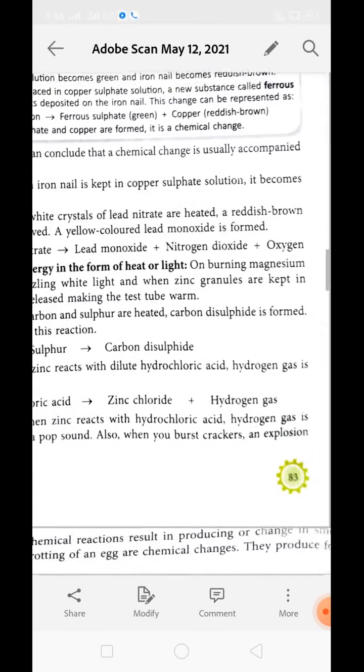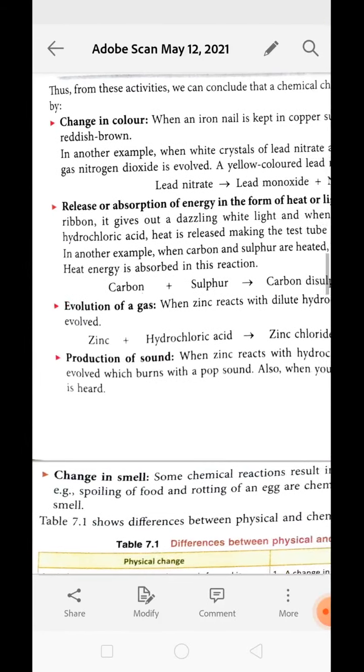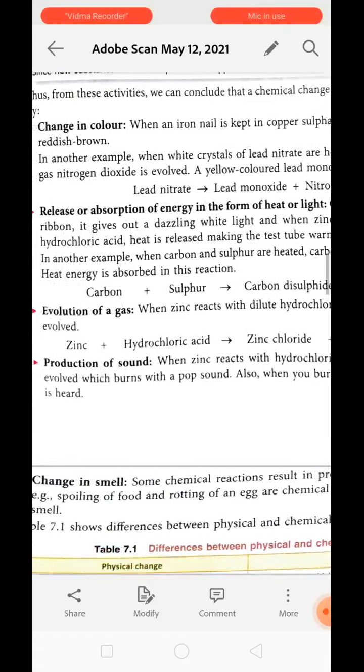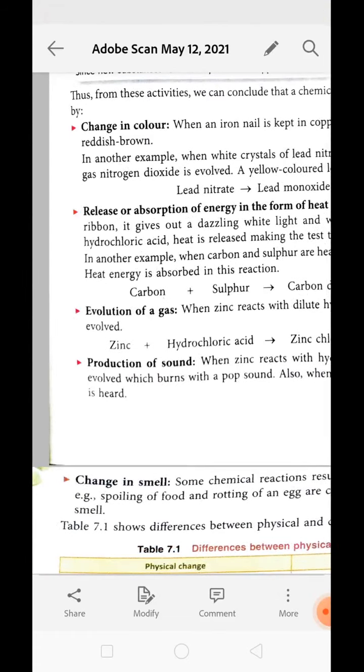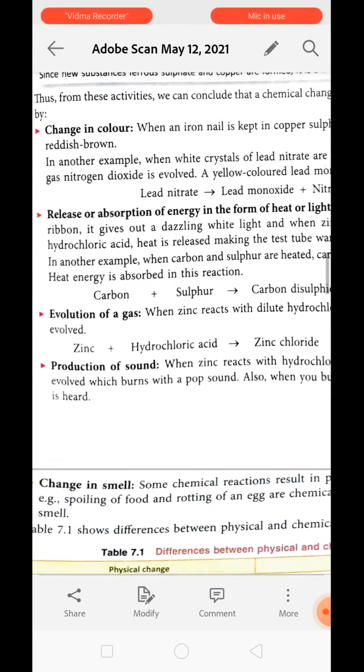Chemical changes are usually accompanied by, first, change in color. When an iron nail is kept in copper sulfate solution, the solution becomes green in color, whereas the iron nail turns brown in color. Now, release or absorption of energy in the form of heat or light, as when we burn a magnesium ribbon.